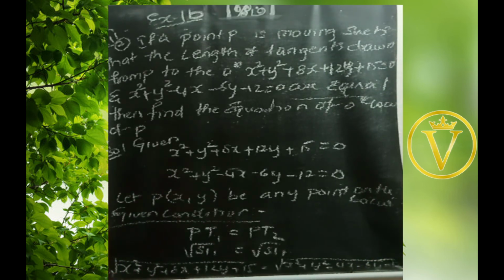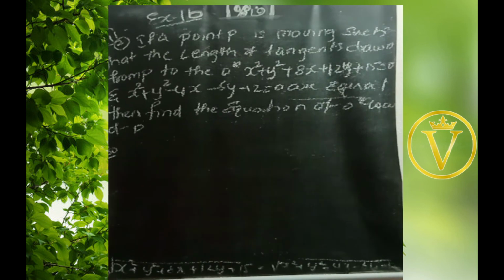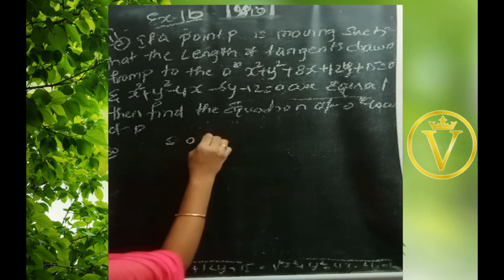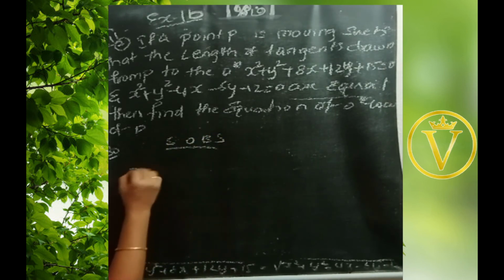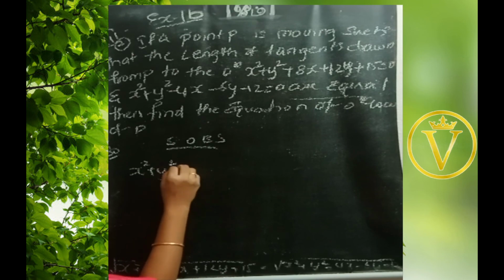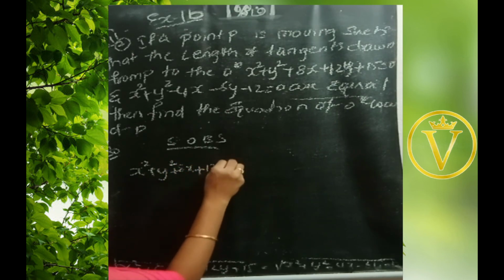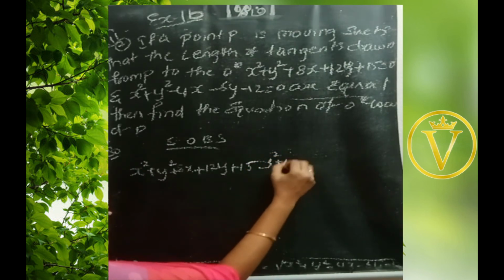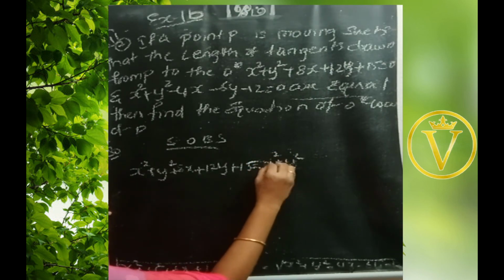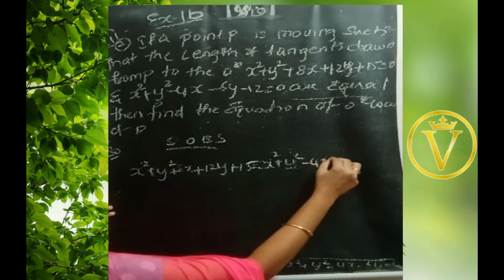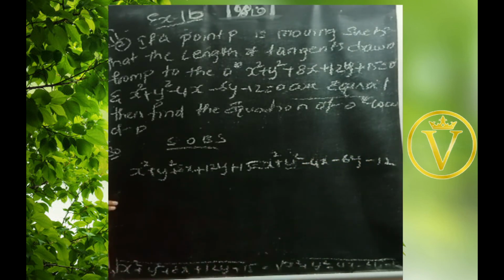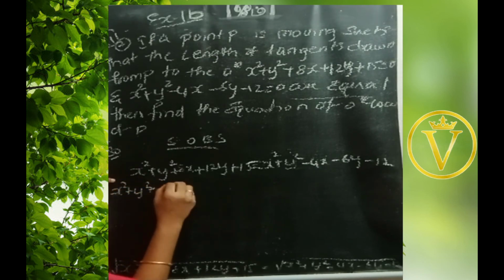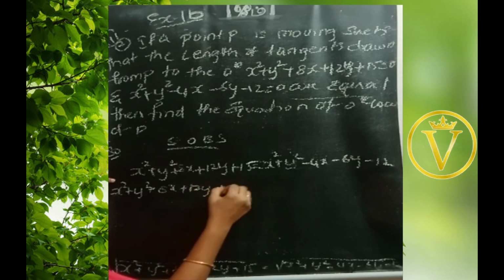So now by solving, squaring on both sides, what will we get? x square plus y square plus 8x plus 12y plus 15 equals x square plus y square minus 4x minus 6y minus 12. Keep this equation like this only.